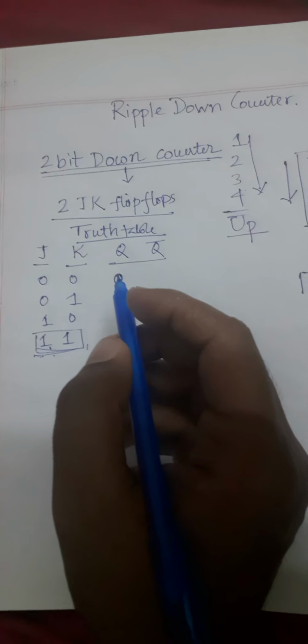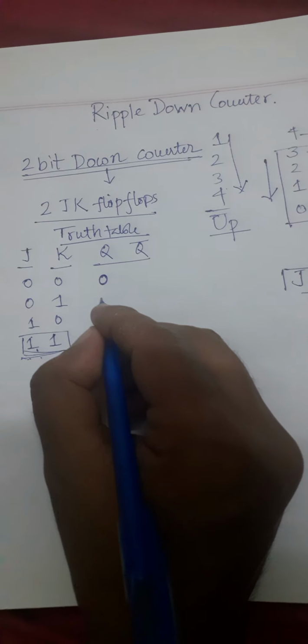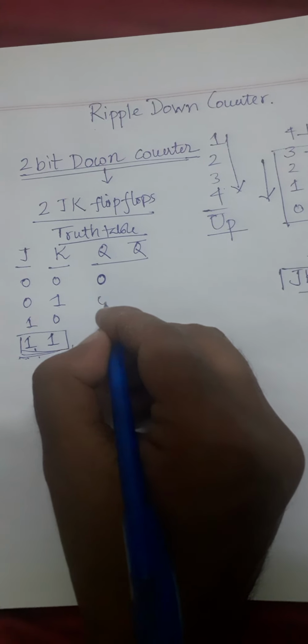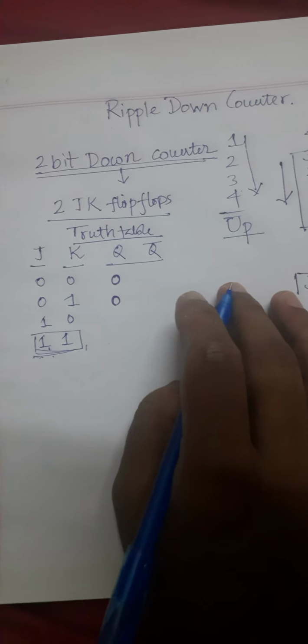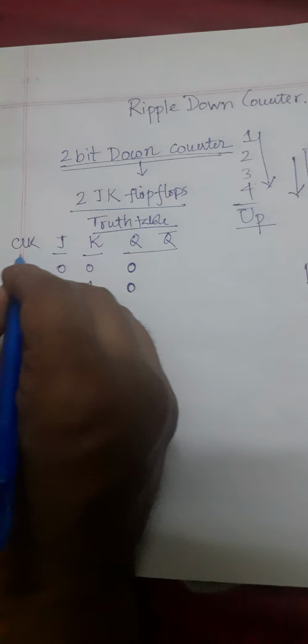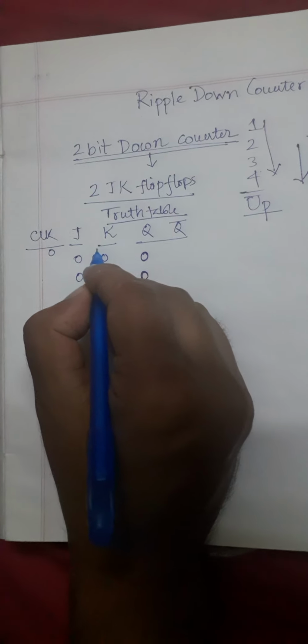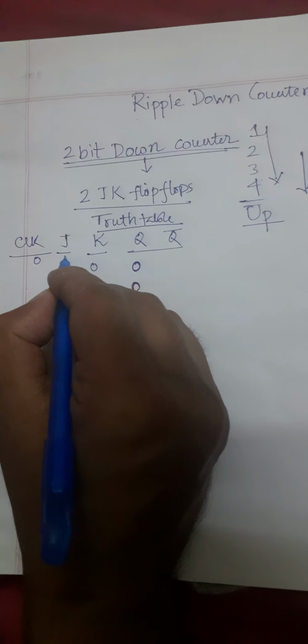In that case, if you remember, we get 0 here, right? So I guess there is another thing that has to be incorporated with this JK flip-flop, and that is the clock pulse. When clock pulse is 0 and there is no input, it can be called a memory, right?